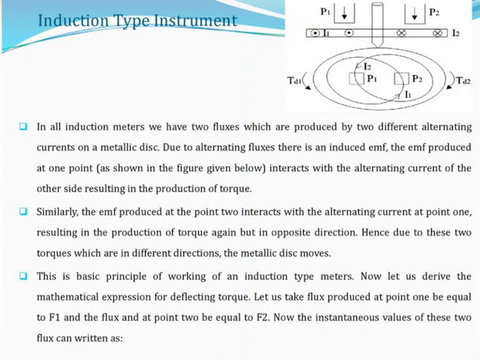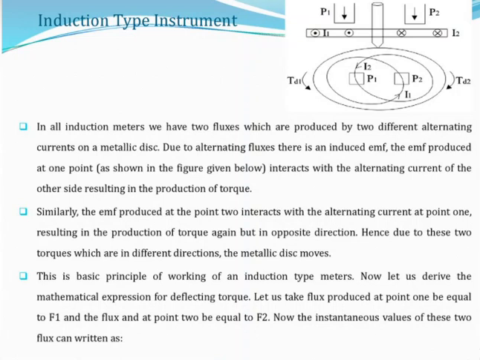The EMF produced at one point, as shown in the figure at the top of the slide, interacts with the alternating current of the other side, resulting in the production of torque. Similarly, the EMF produced at point 2 interacts with the alternating current at point 1.